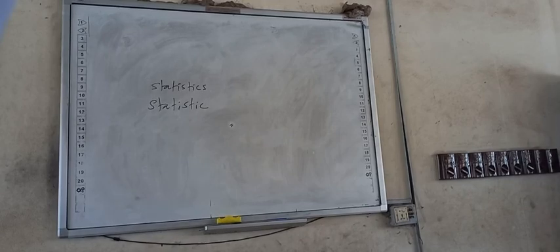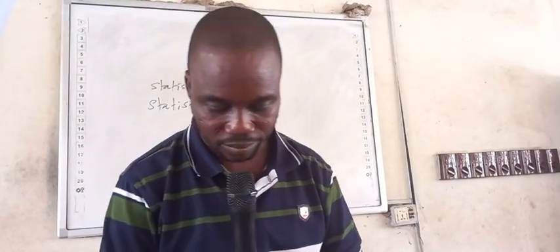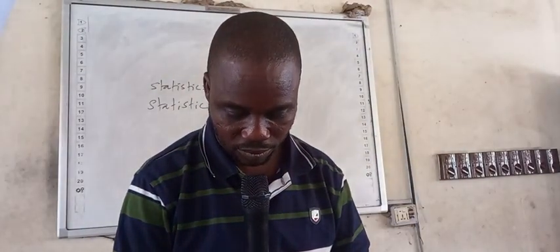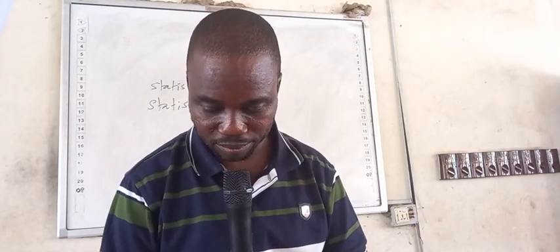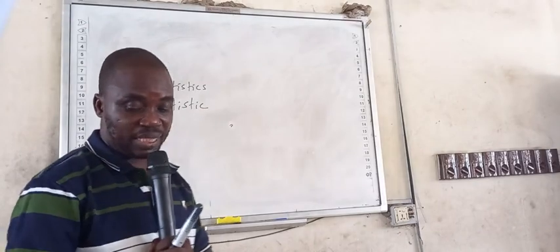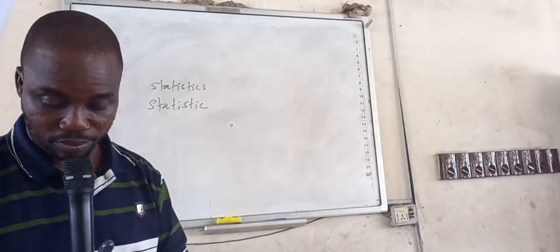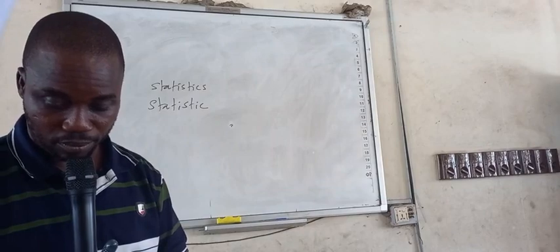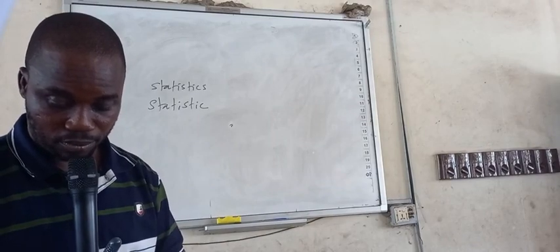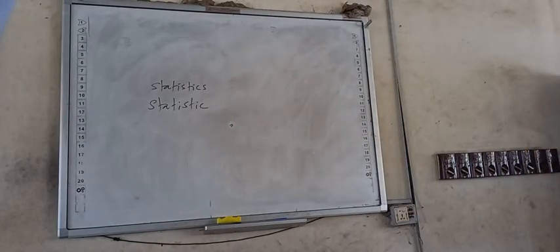Can I proceed? We have just two types. The first one is descriptive, and the second one is inferential. Let me quickly differentiate between the two of them. Let me start with inferential.